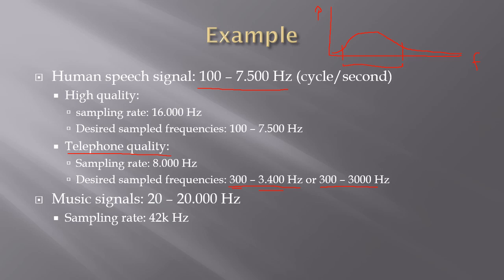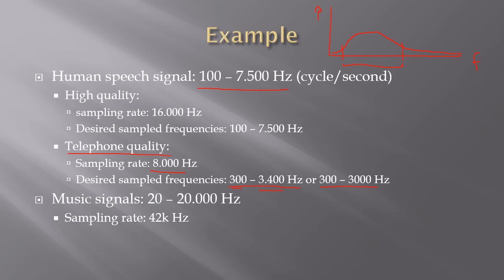Okay, so the telephone companies only convey the signal from 300 to 3400 Hz, and in regards to the Nyquist frequency, a sampling rate of 8000 Hz will be sufficient.